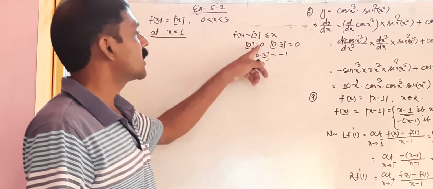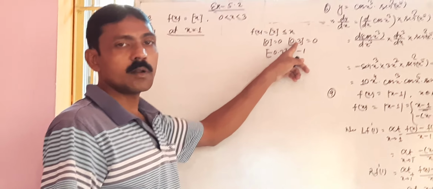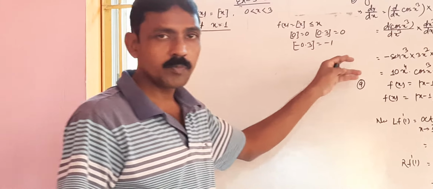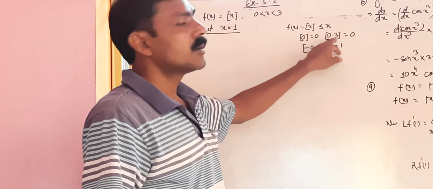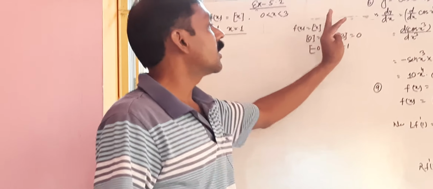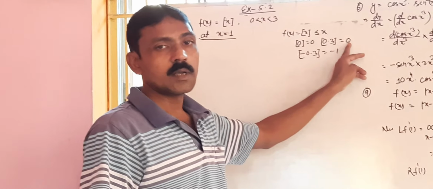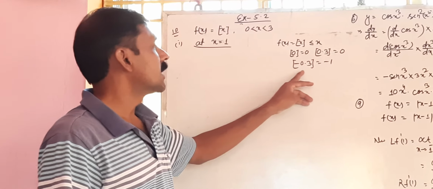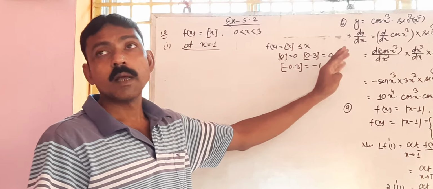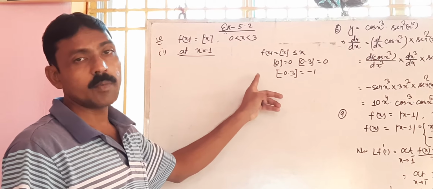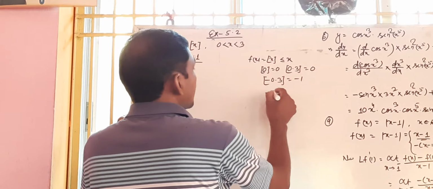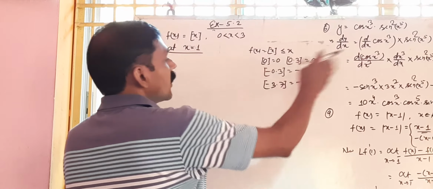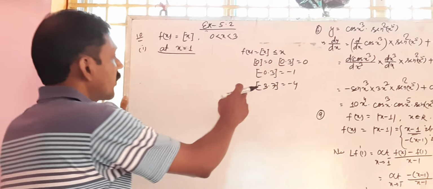If it is a positive or negative integer, the value is the same. If it is a positive non-integer, we ignore the decimal part and write the integer part. And if it is a negative non-integer, we remove the decimal part and subtract 1 from the integer part. Means if it is minus 3.7, then it will be minus 4.